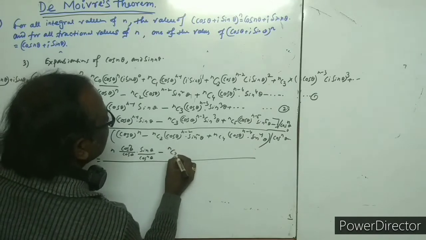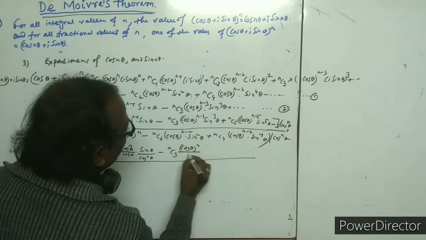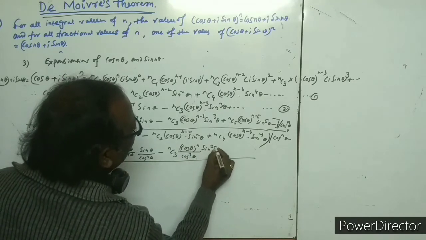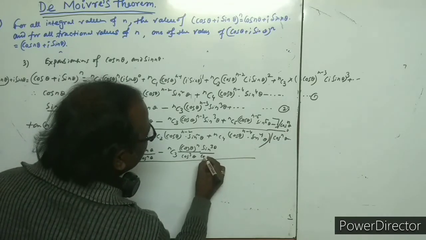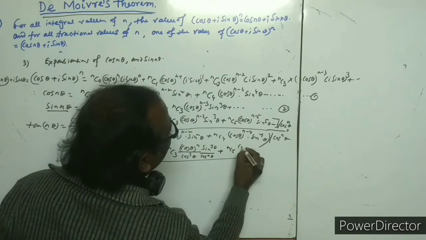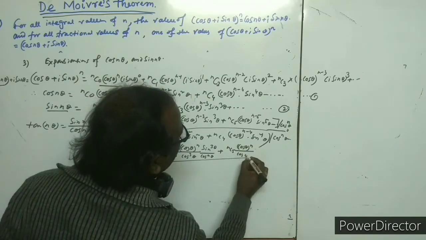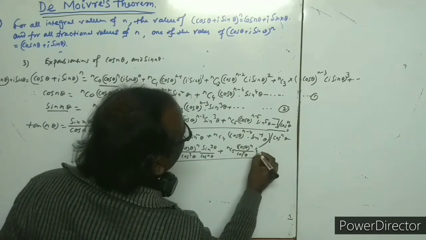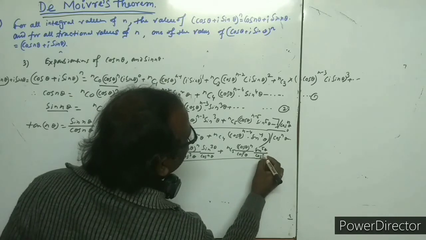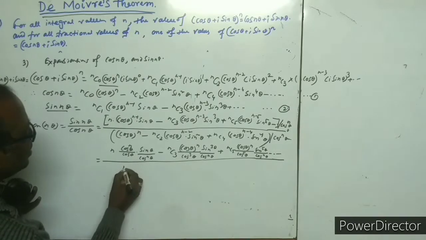Again this is nC3 cos theta to the power n by cos cube theta, and this is sine cube theta, divided by cos n theta. Same as nC5 cos theta to the power n by cos theta to the power 5 and sine theta to the power 5 by cos n theta. Then again divide this.